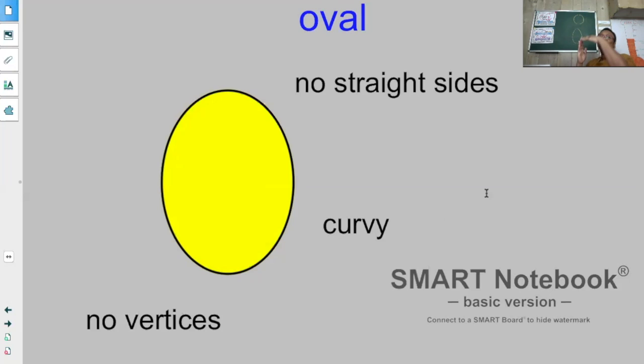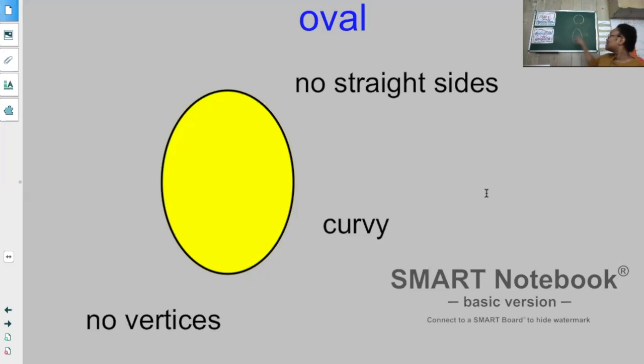And when those two straight lines connect or meet, they form a corner. Well, do you see any straight lines in our oval? There are no straight lines. Just like our circle from before. A circle and an oval are two shapes that do not have straight lines. So they are completely different from our square and our rectangle.